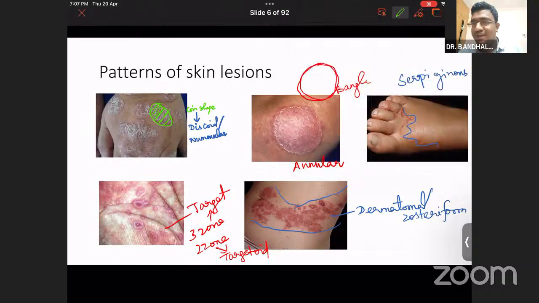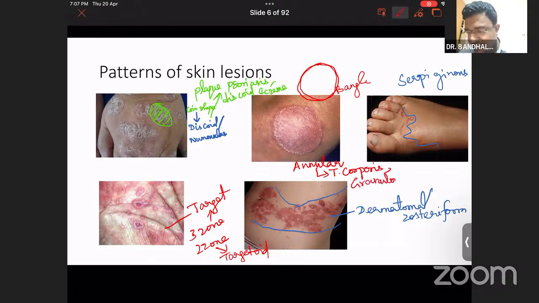It's good if you know 1 or 2 examples for each. Like for discoid lesion, the example we told is plaque psoriasis, and discoid eczema. For annular lesion, the common thing we know is tinea corporis. Other than that, granuloma annulare, which is also a classically annular lesion, the name itself implies, no?